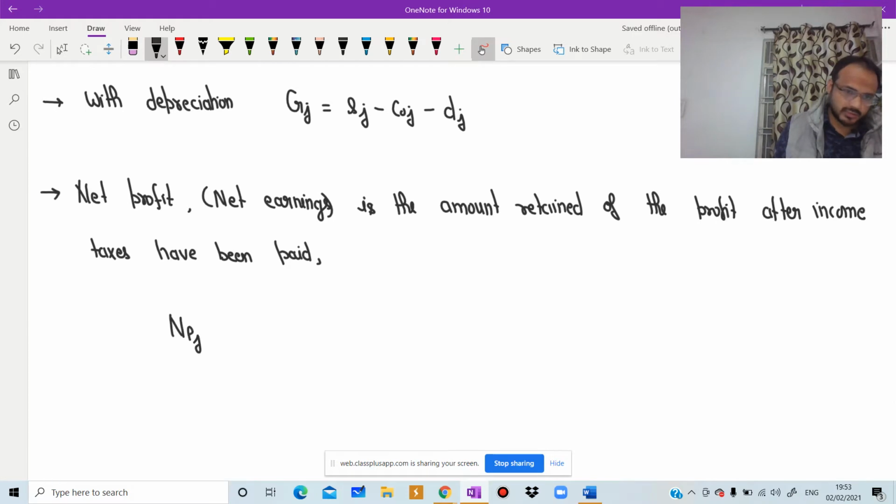So NPJ is equal to GJ minus taxes. So it is a net profit for year J.